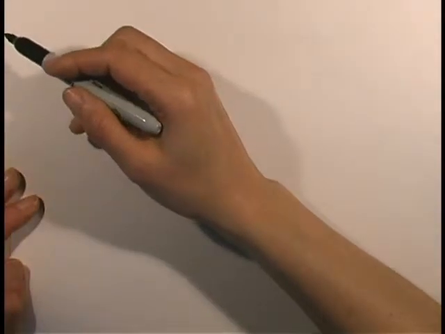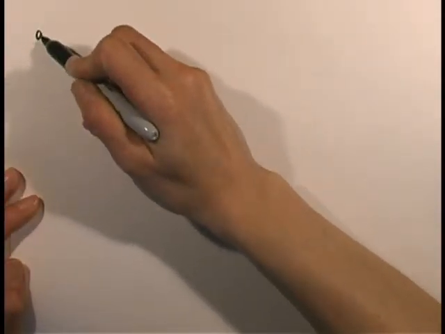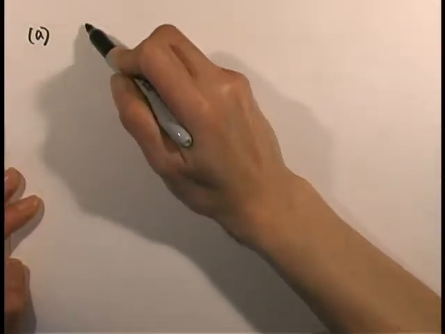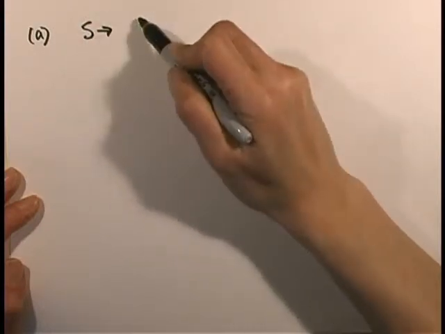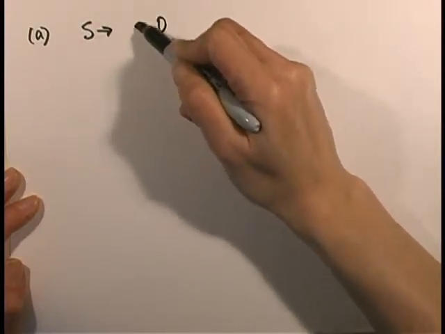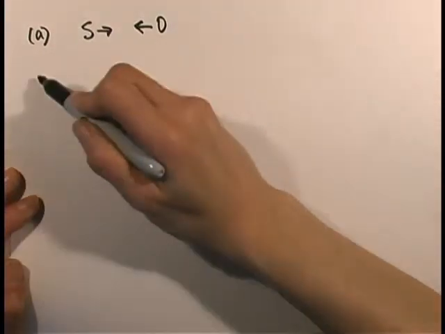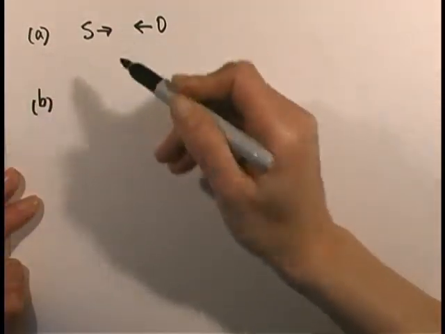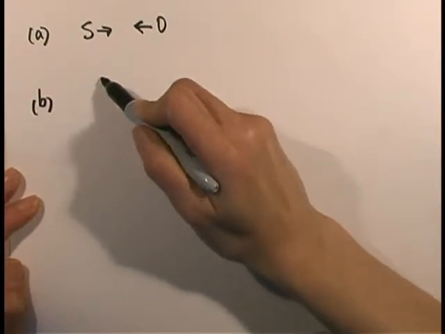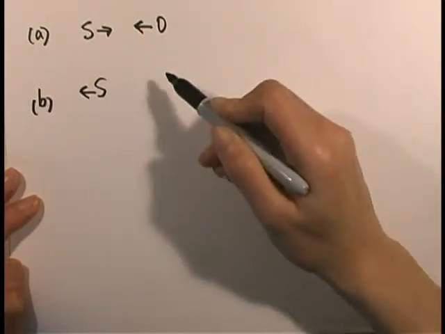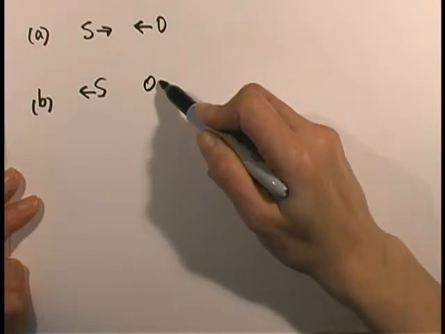What if both source and observer move? Let's look at the situation. Case A, if we have source move to the right and observer move to the left. This is all with respect to the ground. Case B, if we have that source move to the left and observer moves to the right.